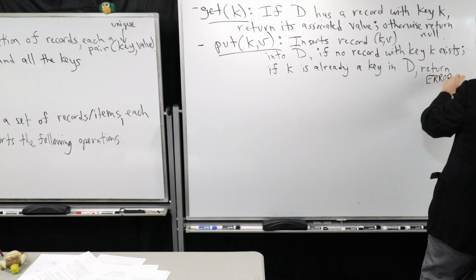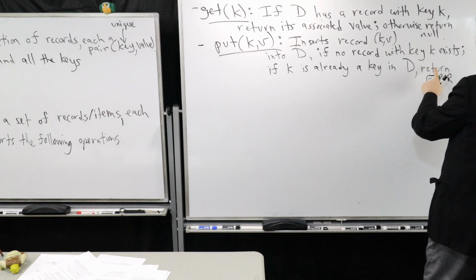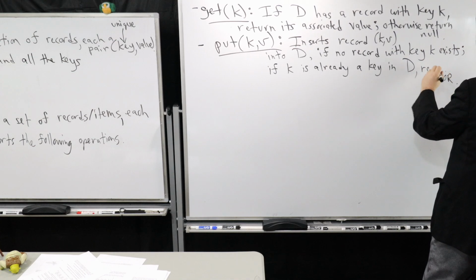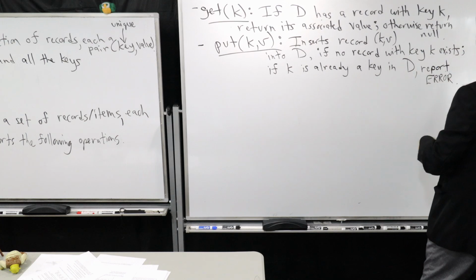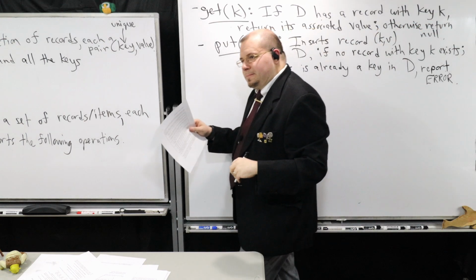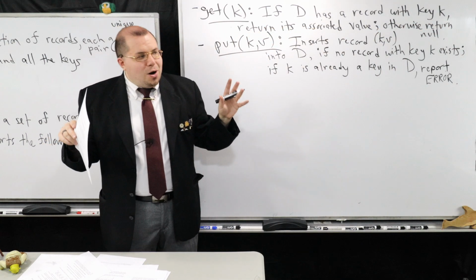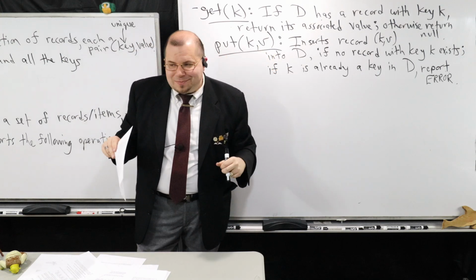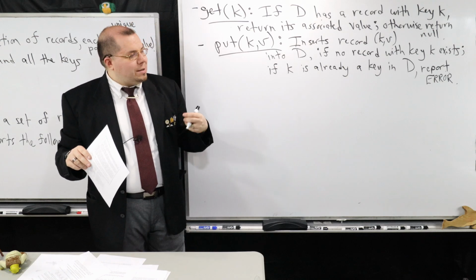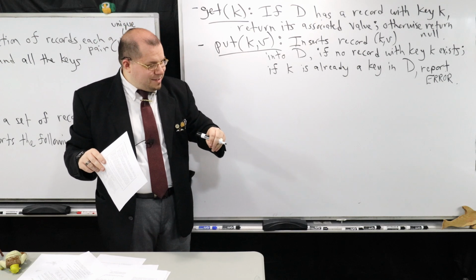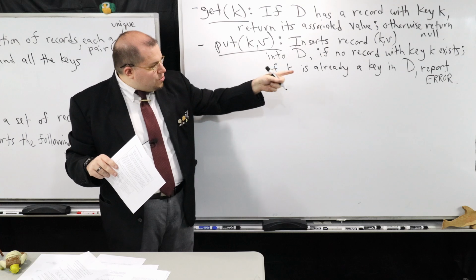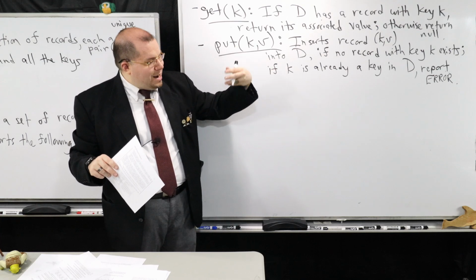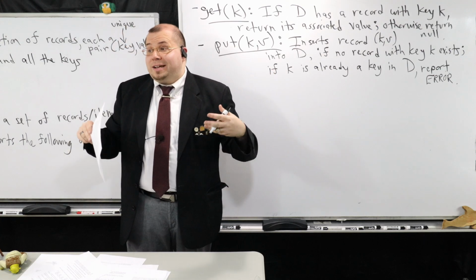Now you might ask, what does that even mean? I'll use the phrase report as opposed to return sometimes, but the ideas should be quite clear. I do not want it to try to put a duplicate key into my dictionary. I would like some mechanism that tells me that this happened. One standard way to report an error is using something called an exception.